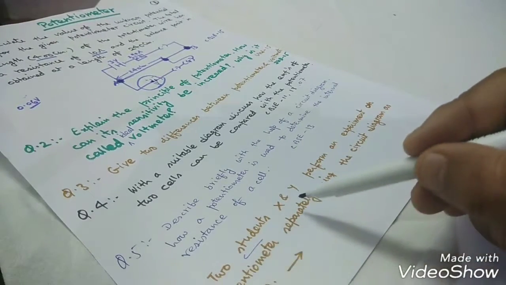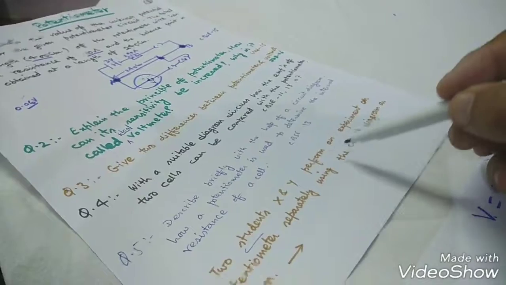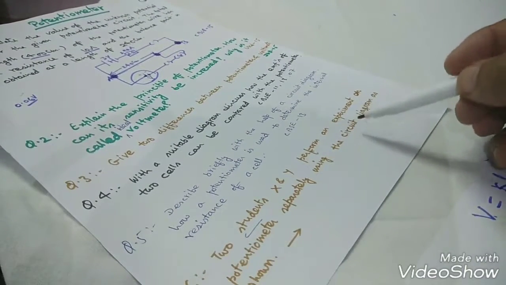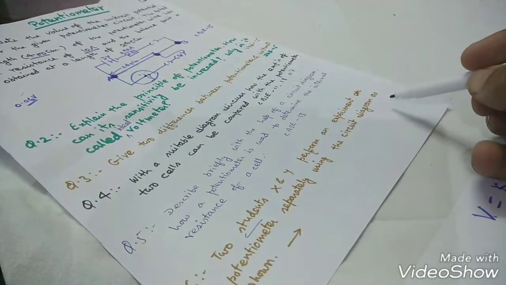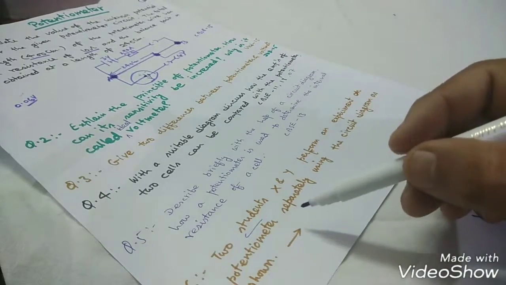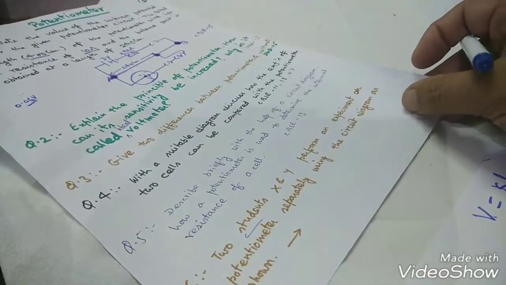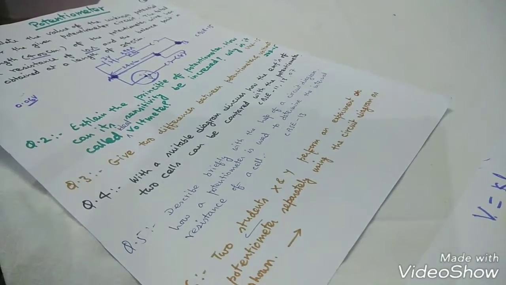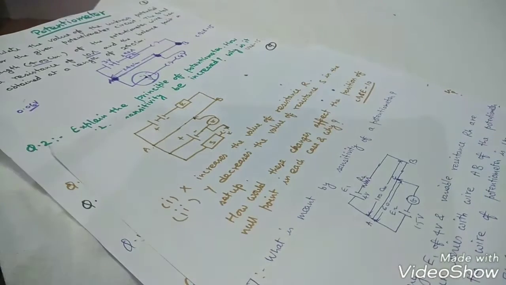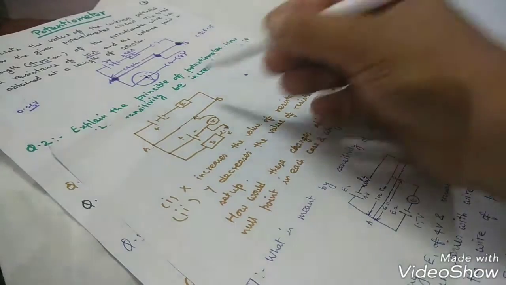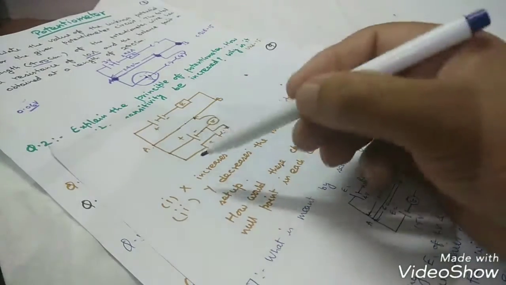Next, two students X and Y perform an experiment on potentiometers separately using the circuit diagram as shown. This is the circuit diagram. Two students are performing an activity on this circuit diagram. What is the first student doing?